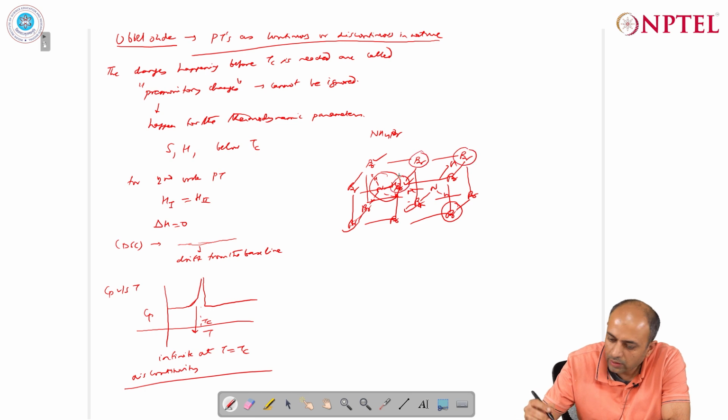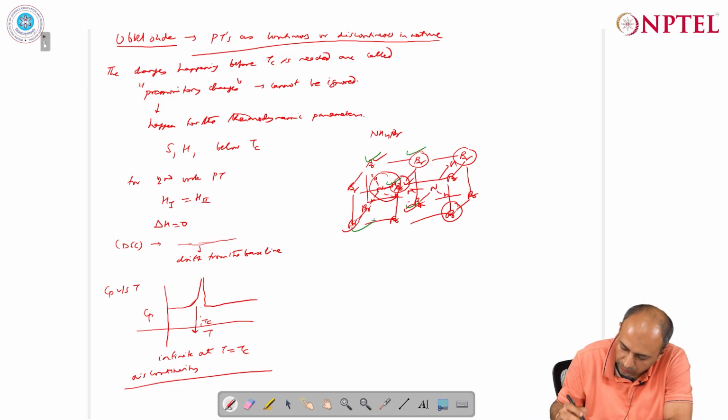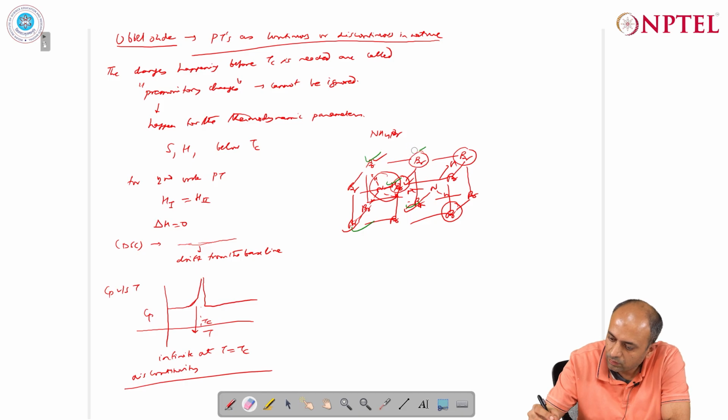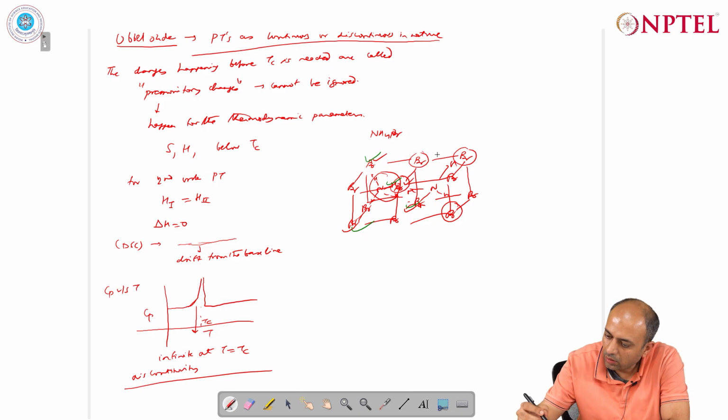So you can see in one case you have got these, and in the other one you have got these. So you have two different orientations of ammonium ion.